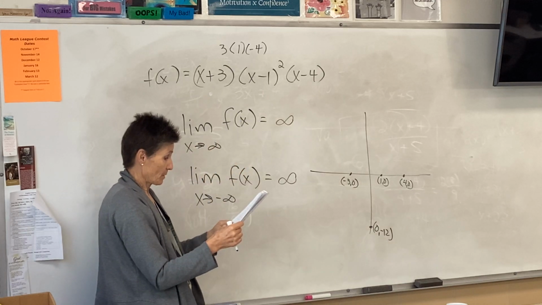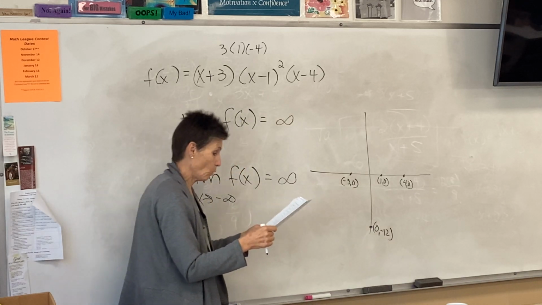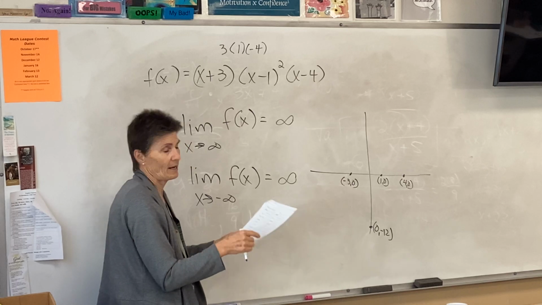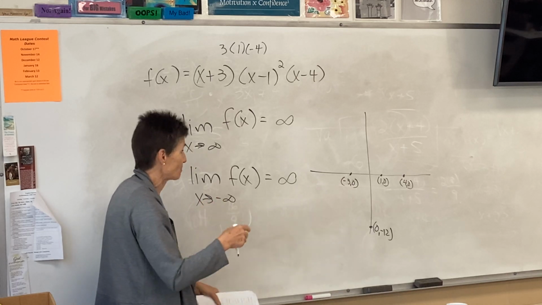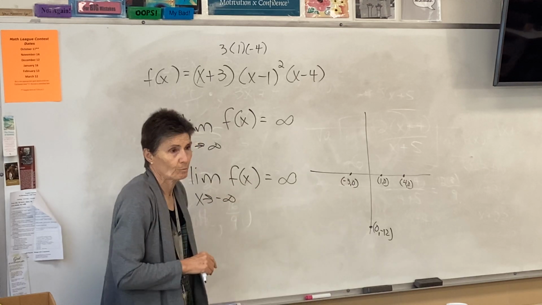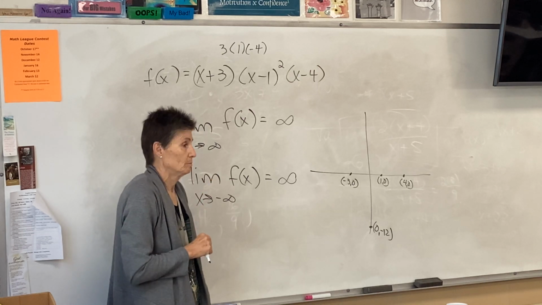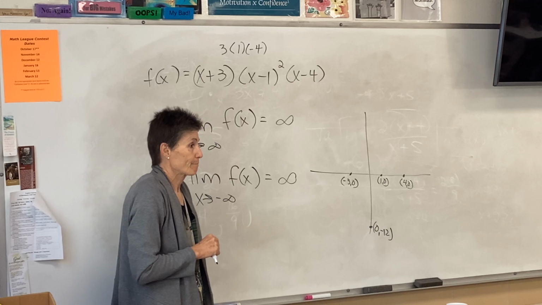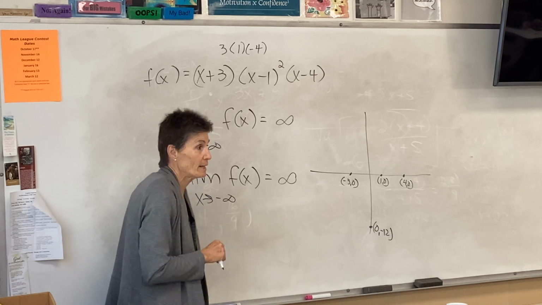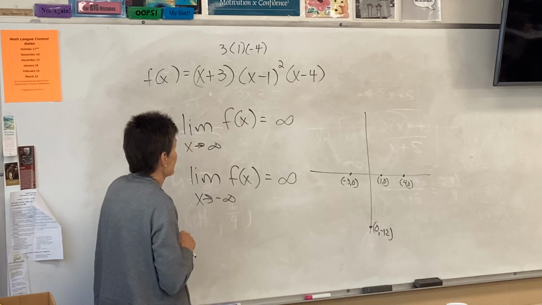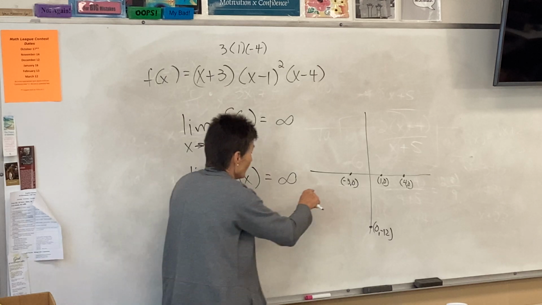All right. Find one other ordered pair on the graph. I don't know why they're having you do this, but okay, let's find one other ordered pair. How would we find one other ordered pair? What would we do? Plug in a number, right? So what do you want to put in? What would be easy? Can't put in any ones we've already done.